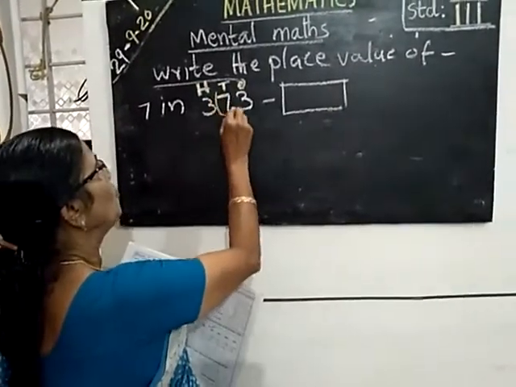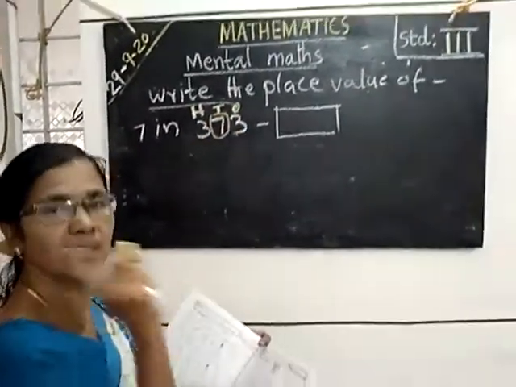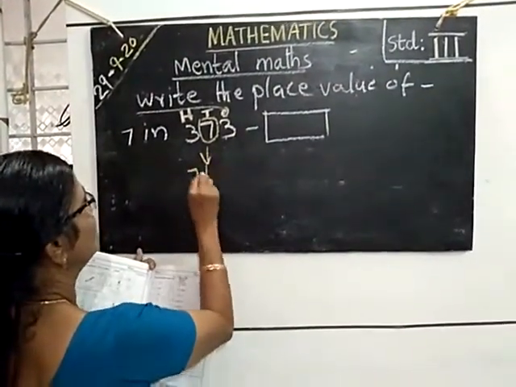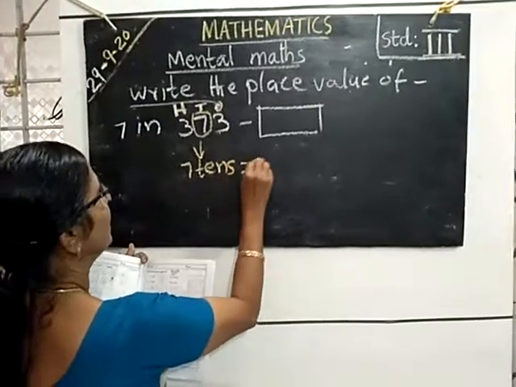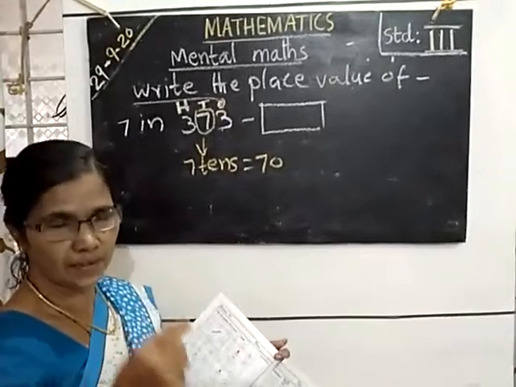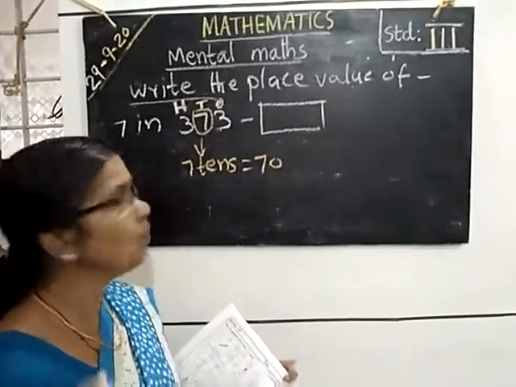The place value of 7 is 7 tens. 7 tens is equal to 70. 7 times 10 is equal to 70.